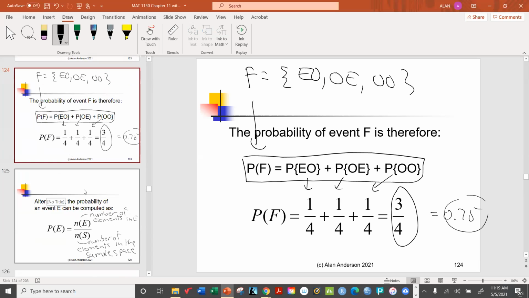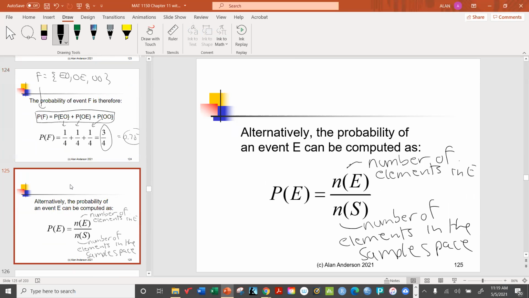And so the next slide shows how you can do that when all the elements in a sample space are equally likely. What we could do in this particular case is just say, well, listen, F equals EO, OE, and OO.